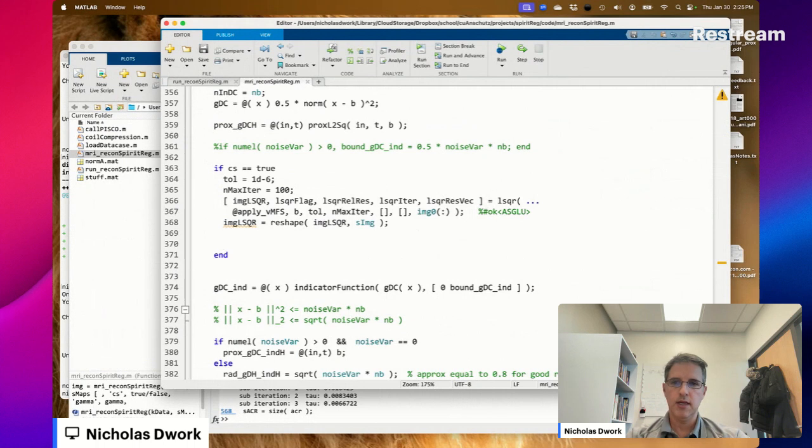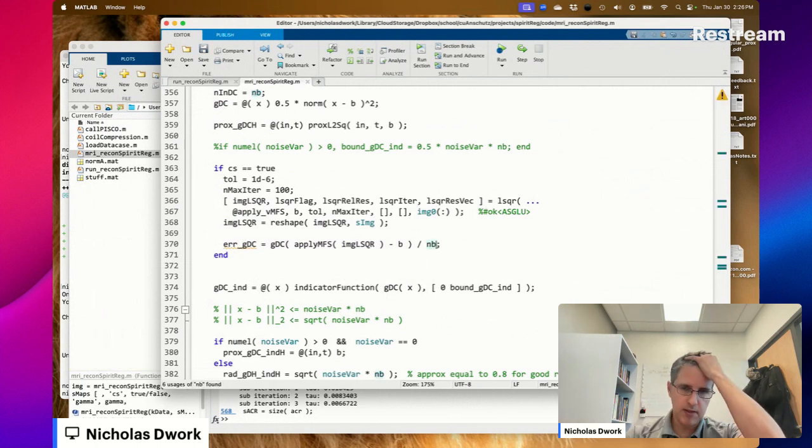Now we're going to find GDC, apply MFS to image LSQR minus B. GDC error is equal to that. We're going to divide that by num NB.